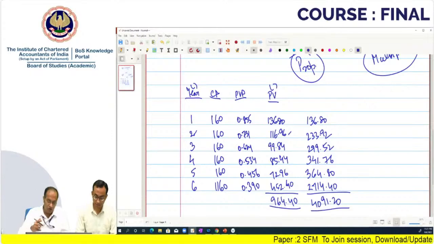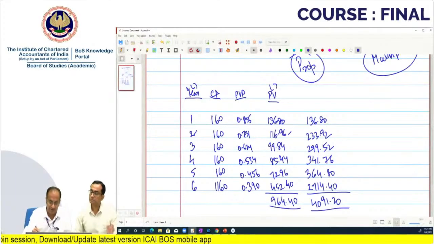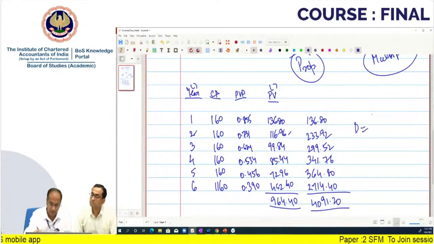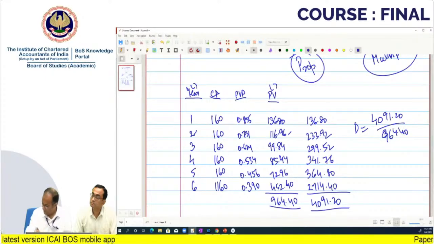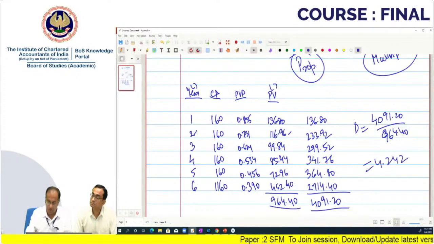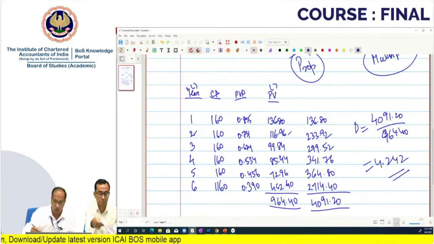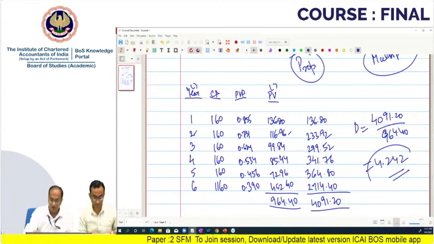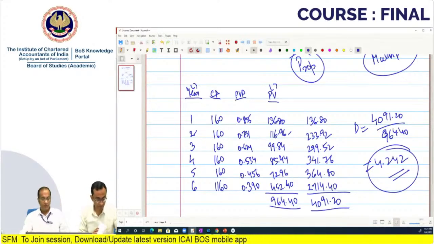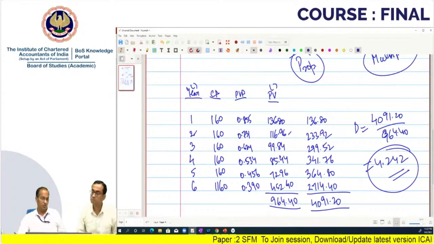So student, now duration can simply be found, and this approach is quite simple. The value comes to 4.242, which is near the value given in the book, 4.247. It is somewhere nearby. So students, I hope you have understood that this formula can also be used.